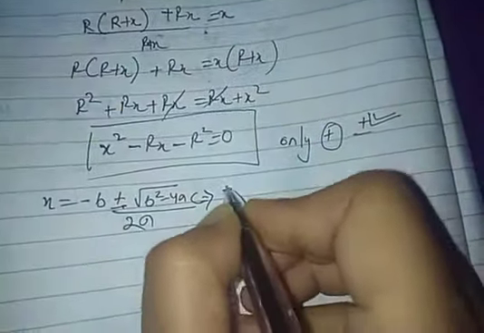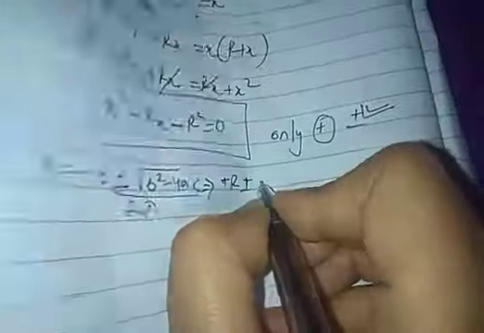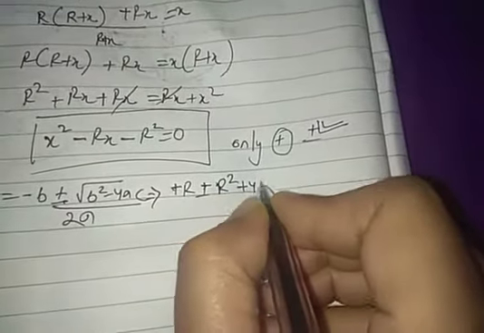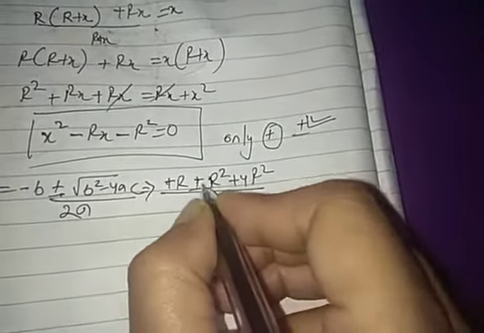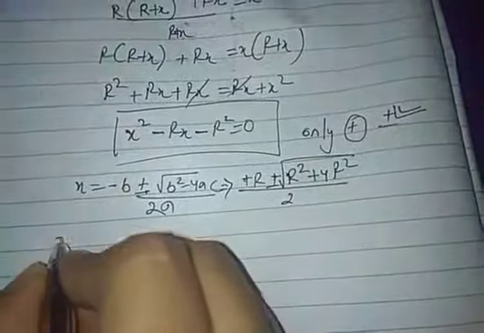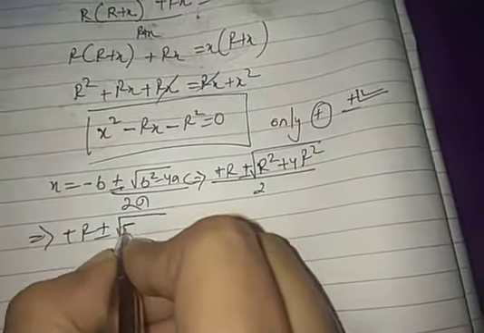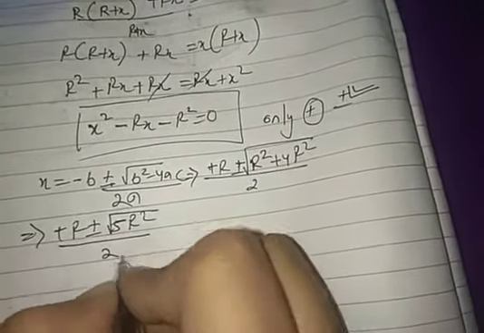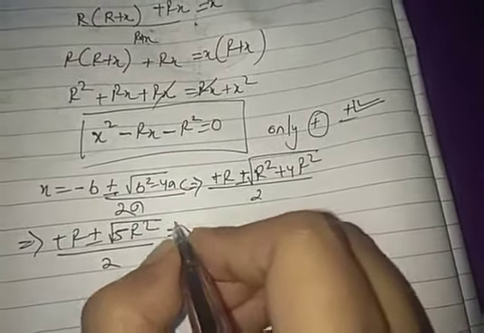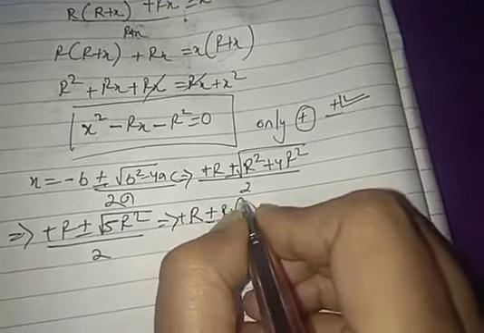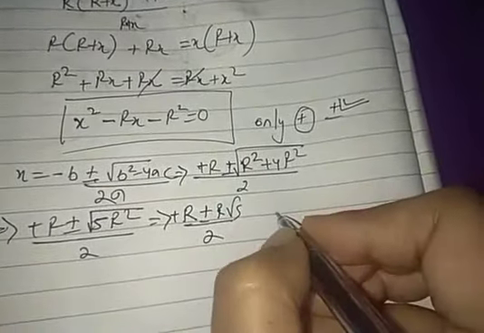So it will become R plus minus under root R square plus 4R square upon 2. Now it becomes R plus minus under root 5R square upon 2, that is R plus minus R root 5 upon 2.